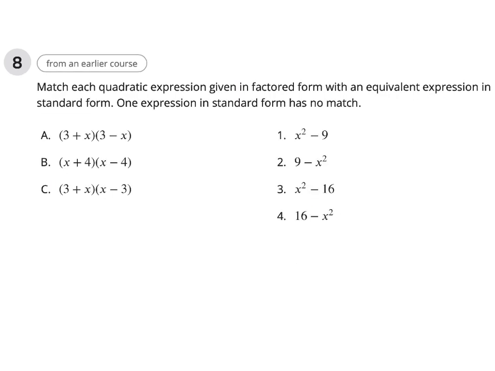Okay, so what we're going to do is distribute and distribute and distribute and distribute, and we're going to get 9 minus 3x plus 3x minus x squared. This is going to give us 9 minus x squared. So A goes with 2.